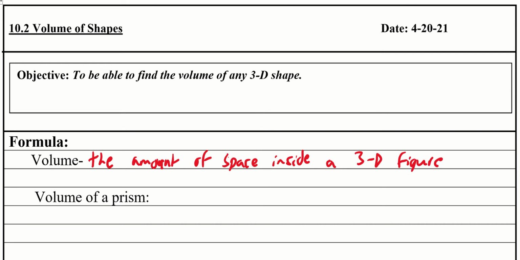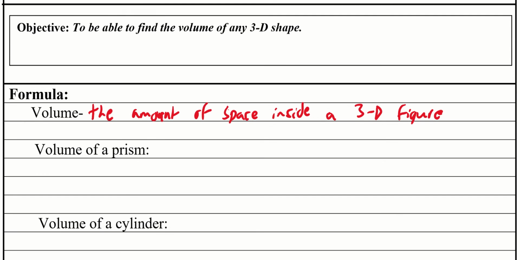Amount of space, or volume, inside a 3D figure. A simple example that you'll see on word problems in past classes would be like find the volume of this pool, or how much water total is in this pool here. It's a 3D space, and you want to figure out the amount of space inside it.